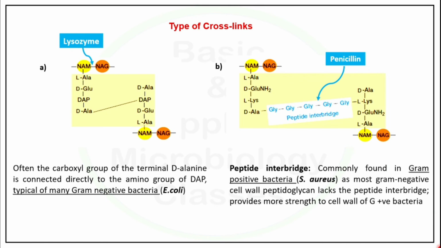Transpeptidases catalyze the reaction by which D-alanine gets attached to L-lysine by means of the peptide interbridge, and this cross-linking is targeted by penicillin. When cross-link formation does not occur because of inactivation of the transpeptidase enzyme, the bacterial cell wall will not be intact, the peptidoglycan layer will not be intact, and the cell will undergo lysis.